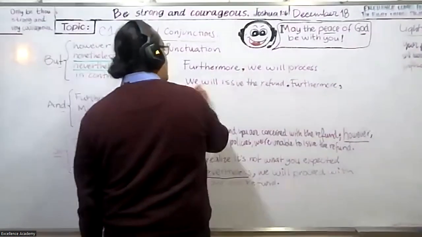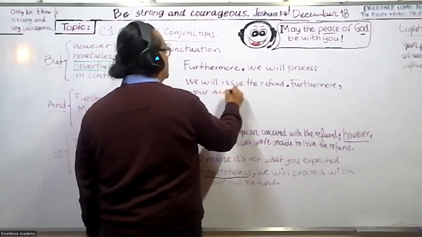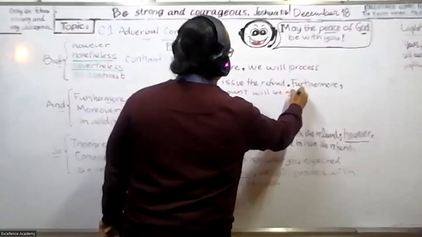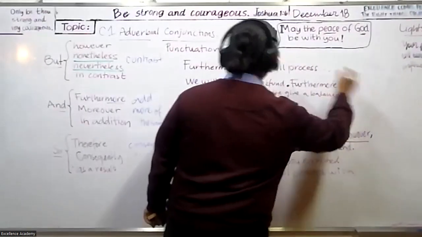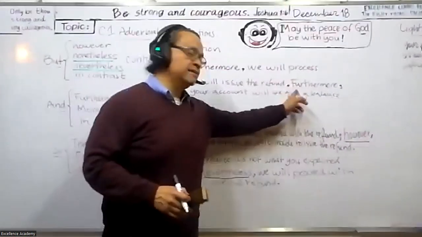Furthermore, your account will be given a balance, for example, right? Give current balance, etc. Okay, that's the second punctuation rule.